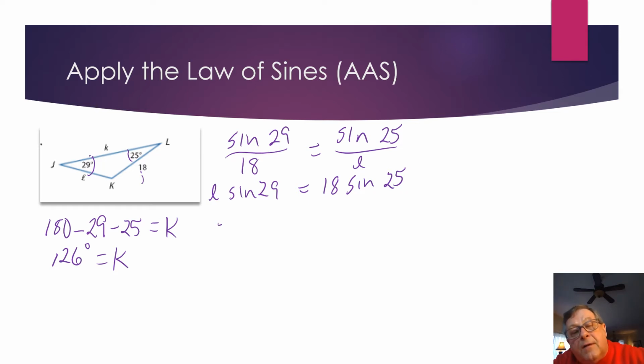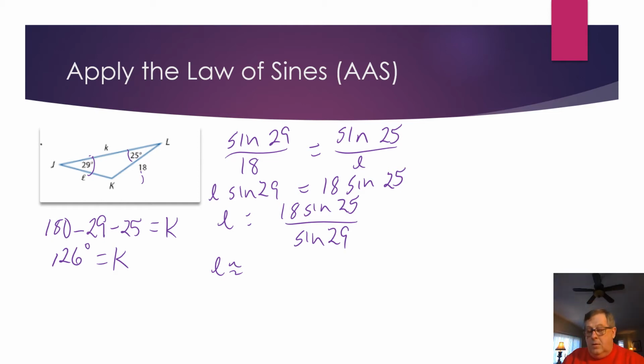And to isolate the L, we're going to say that that's going to be equal to 18 times the sine of 25 over the sine of 29. And so L is going to approximately equal, well, 18 times the sine of 25, and we're going to divide that by the sine of 29.